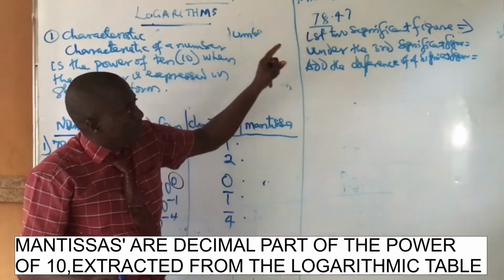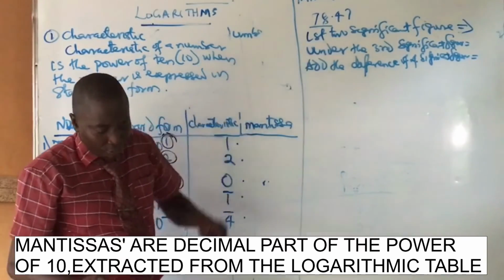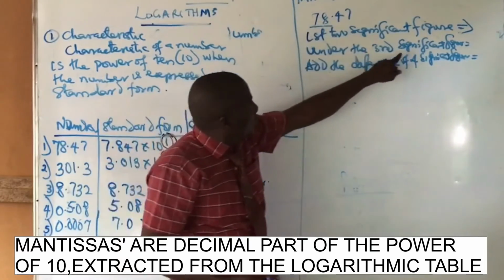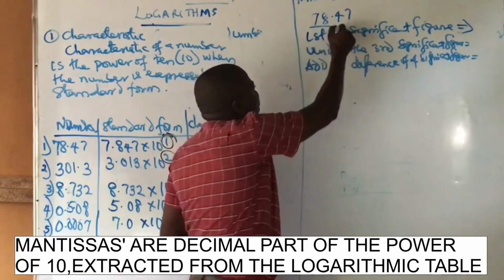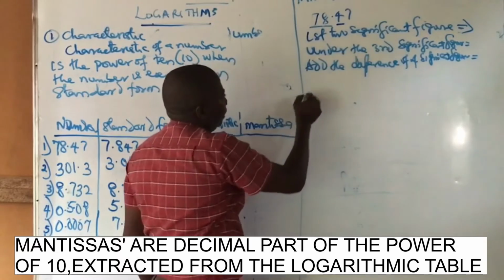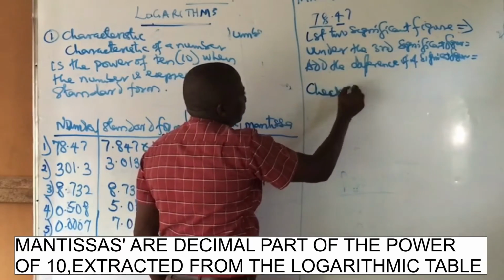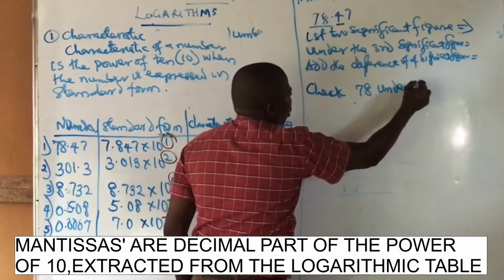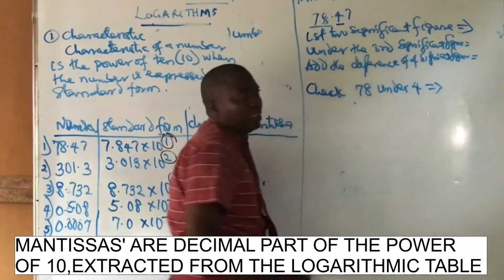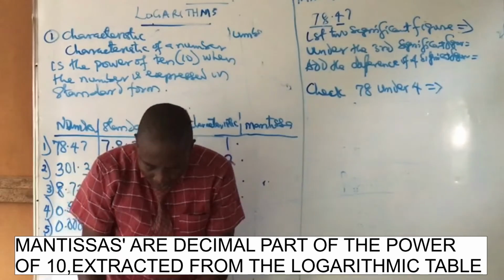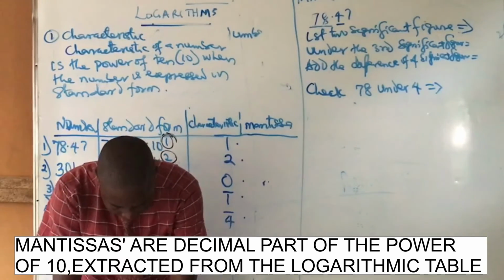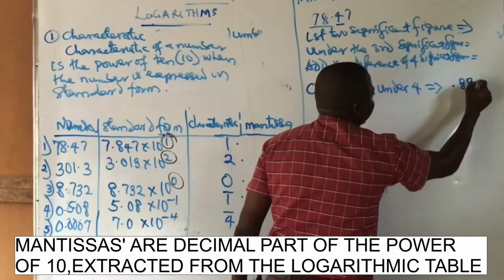78 is the first two significant figures. Then we check 78 under 4. In the 4-figure table, under logarithm, 78 under 4, are we there together? 8, 9, 4, 3.